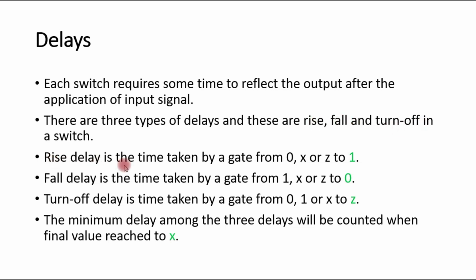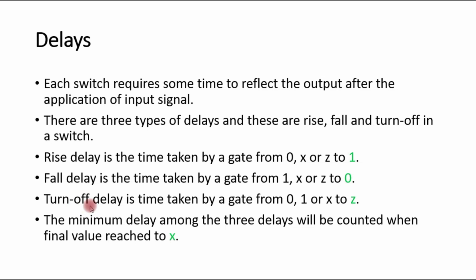Rise delay is the time difference on the time axis when a signal transits from 0, X or Z to logic 1 value. It means the final value is at logic 1. In case of fall delay, the final output signal reaches logic 0 from logic 1, X or Z. The third type of delay is turn-off delay.